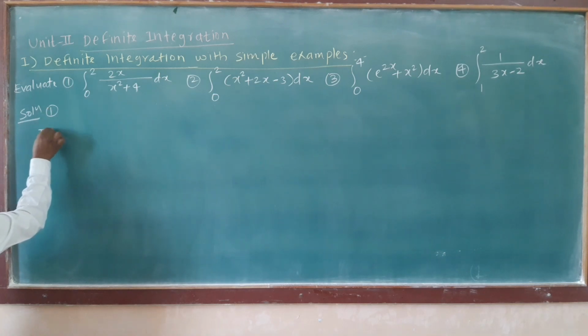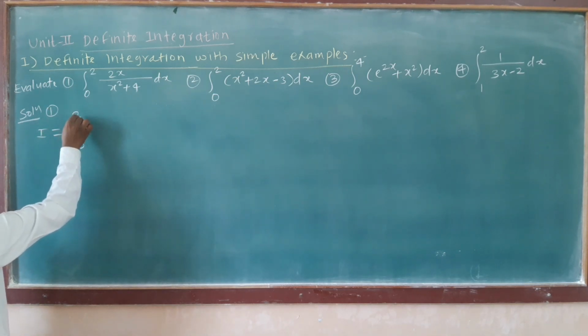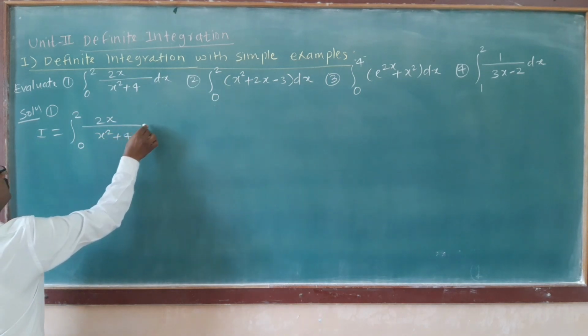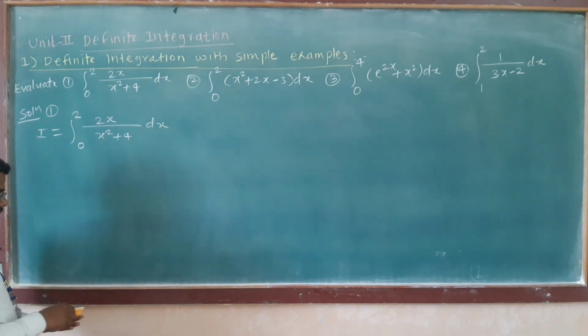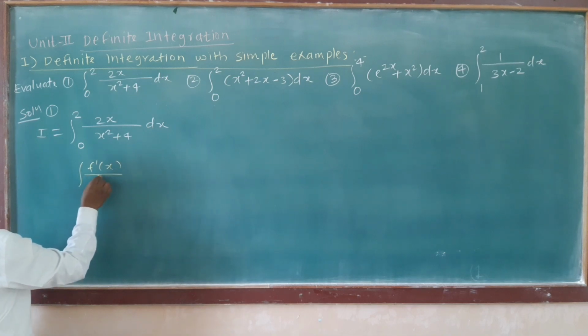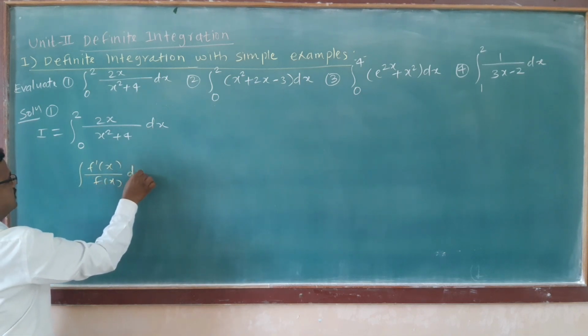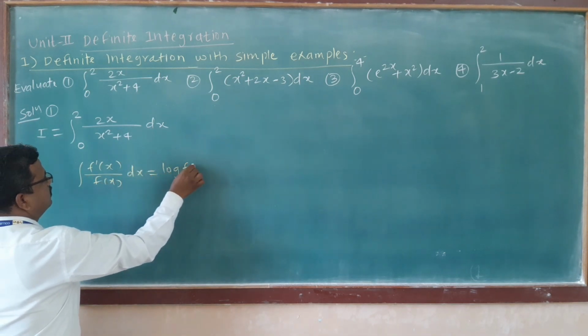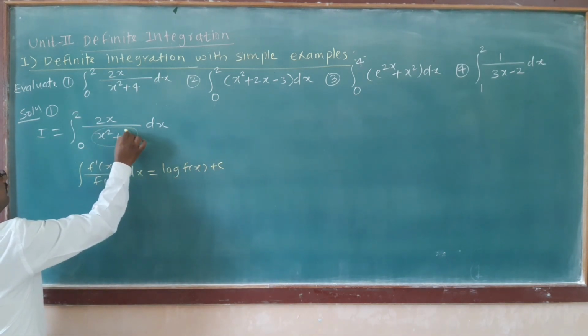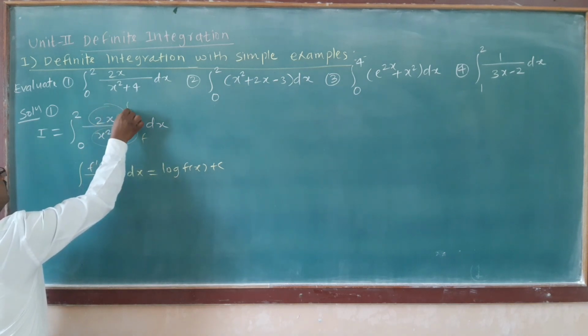Call this I is equal to integration from 0 to 2 of 2x upon x square plus 4 dx. Now this integrand is in the form where we have to use the result: integration of f dash of x upon f of x dx is equal to log of f of x plus c. Now if this is f, then this is f dash.